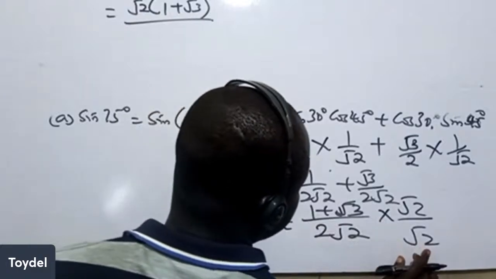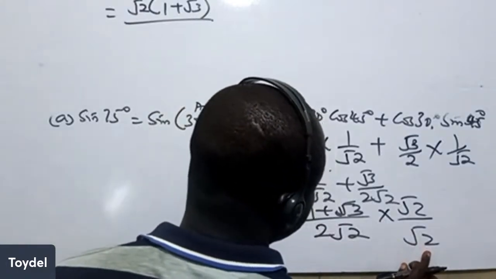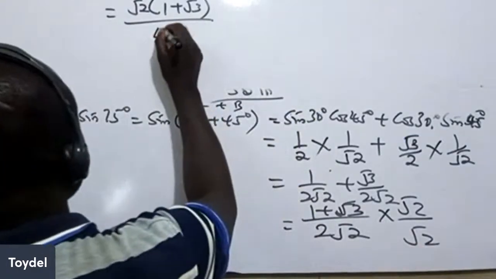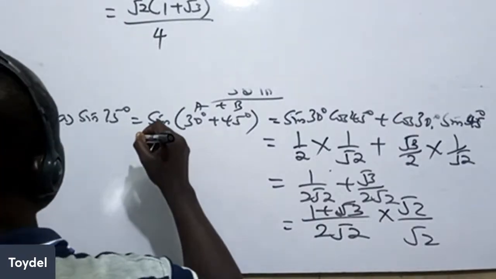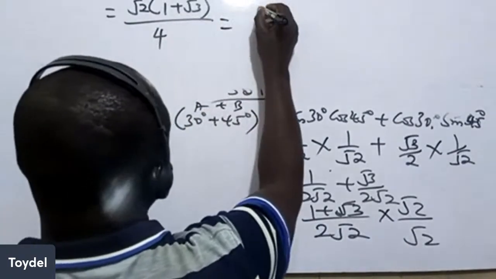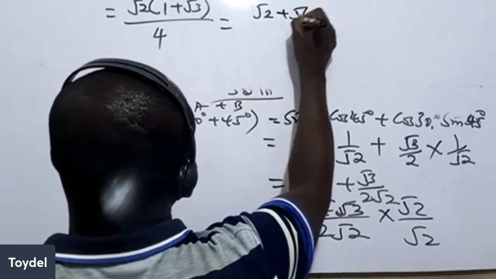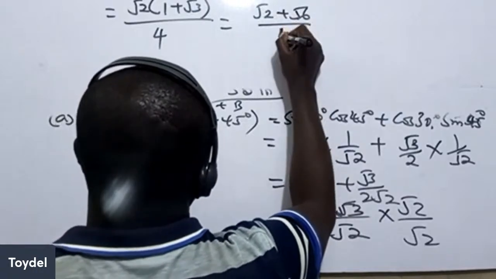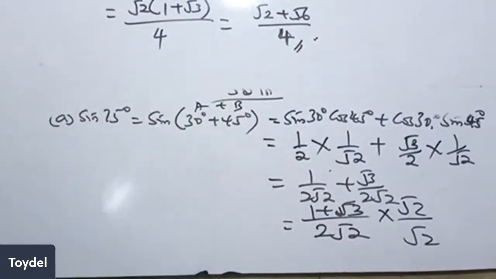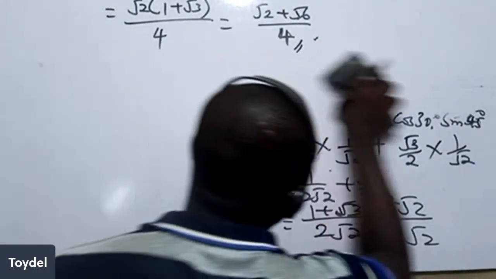Root 2 times root 2 is root 4. Square root of 4 is 2. 2 times 2, 4. This is what we are going to get. So at the end of the day, I can open up to have root 2 plus root 6 all over 4. And that's the final answer of sine 75 in simple form. That will be the final answer.